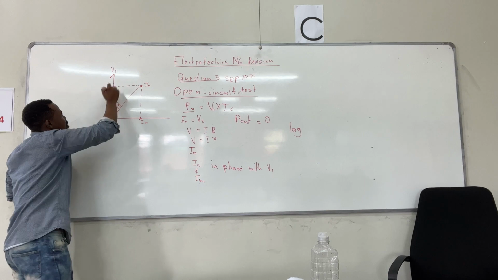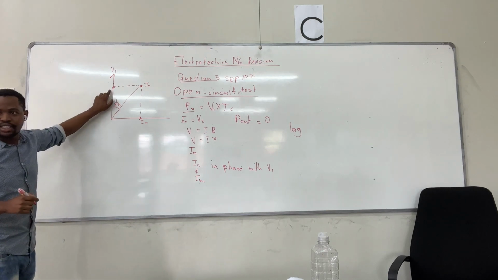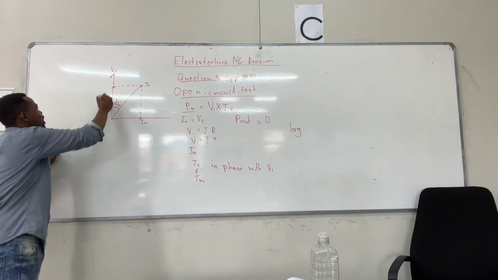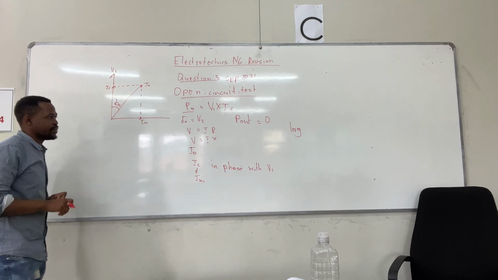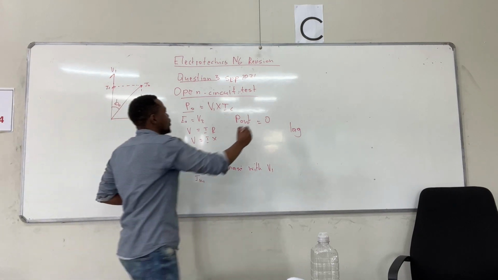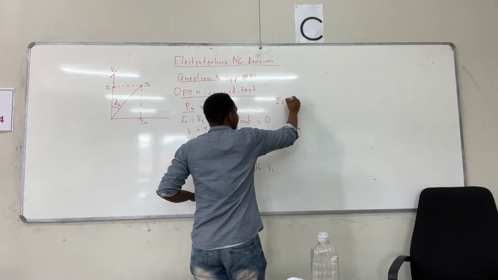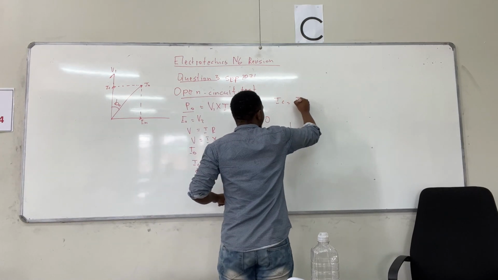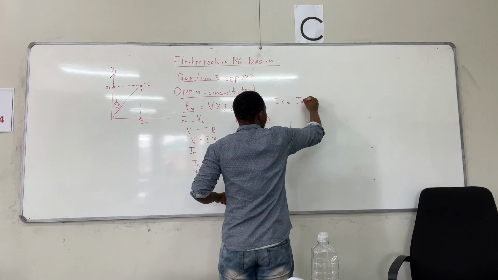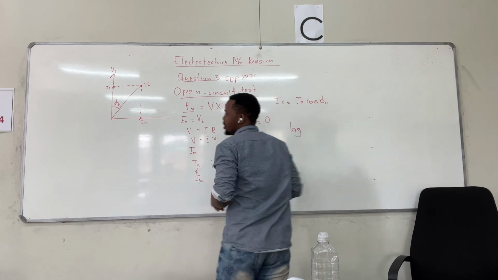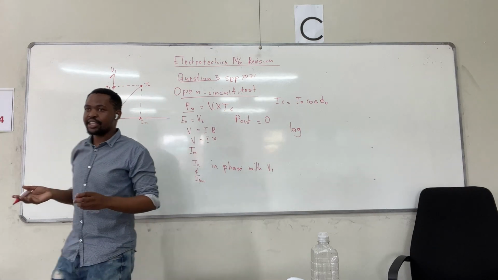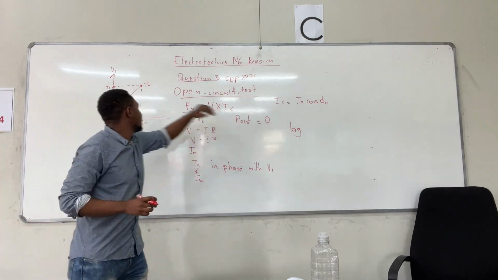The horizontal component is the one that is in phase, which we call IC. We calculate IC as I naught cos phi naught.